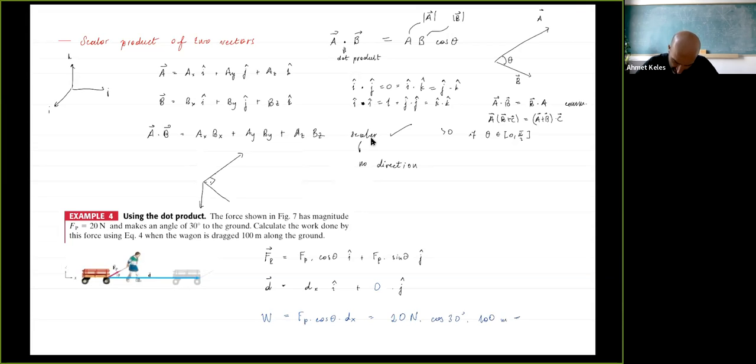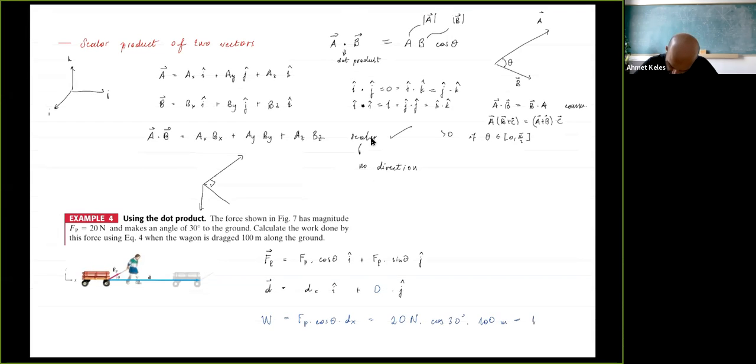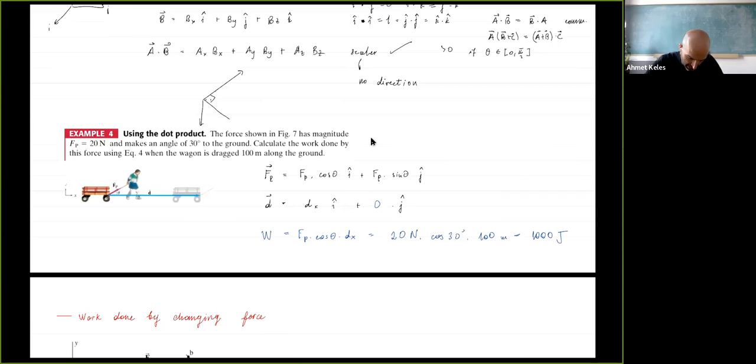If you multiply these numbers, what did I find? Something like 1,000 joules. Oh, yes, thank you. So this is 1,732 joules. Thank you, good job. That's why you should not trust these numbers I give you. You should fix it if I mess up. Thank you.